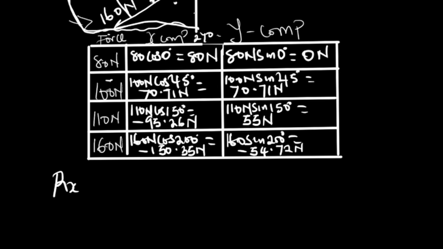But how is it gotten? In this case, it is gotten by adding them together. Please note, you are to add the x's together and the y's together. Don't mix things up. Don't add x and y together, please. All the x go to one place, and all the y you also put together. So we say that our Rx is equal to, now we're going to add all our x components together.